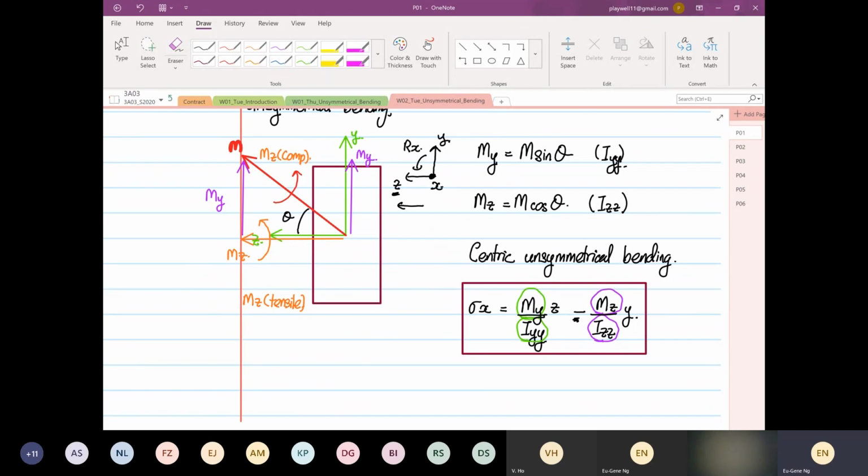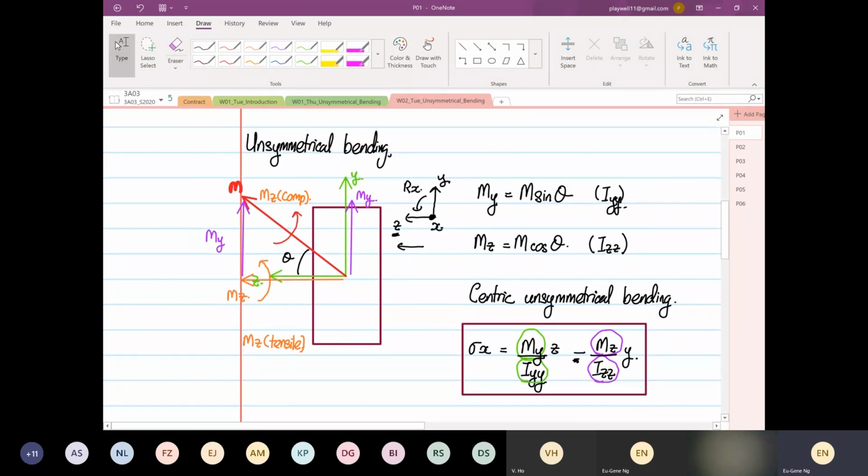So the next thing that we are going to look at is the green one, the moment about y. So I'm going to change to pink. Again, you use your right hand rule. You grip. Right. So you know over here, oh, it's going to be a mess. It's going to be MY. I'm going to draw it slightly lower.